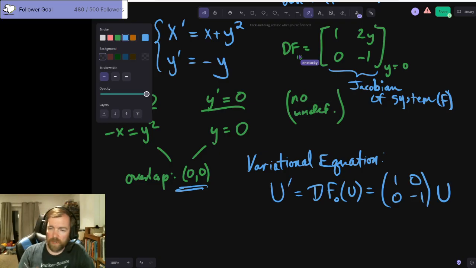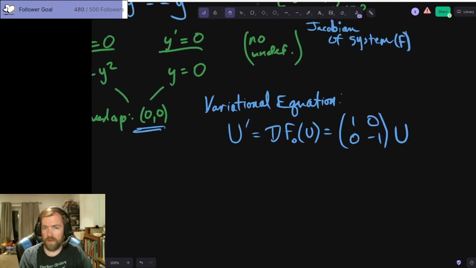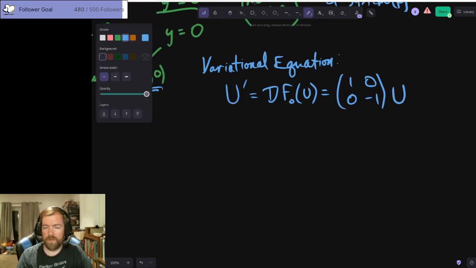Right, so at this point it is a diagonalized matrix, and therefore we should be able to just come up with the system for this. From our earlier exploits, we would have said u is equal to c1, c2 like this.